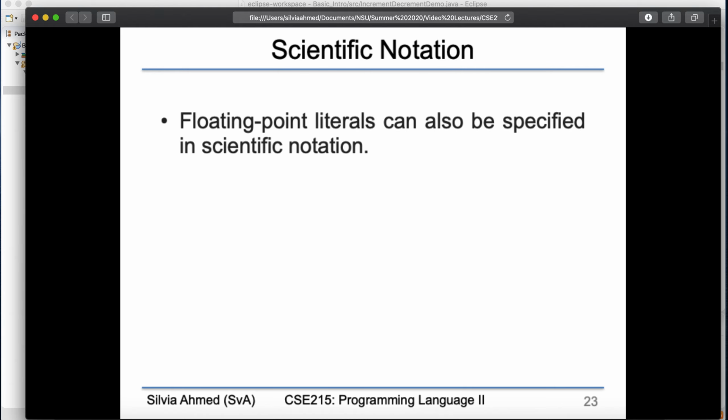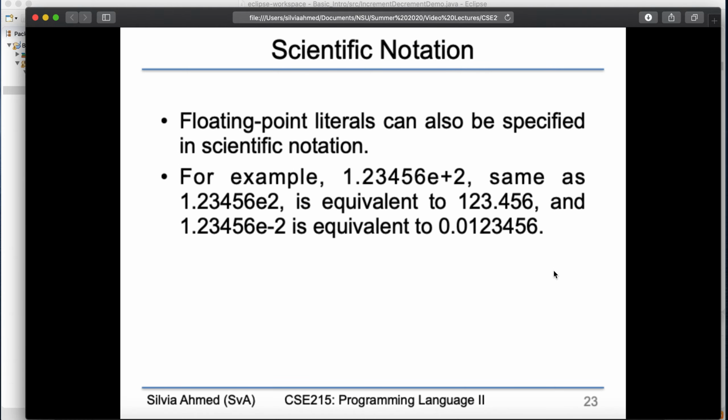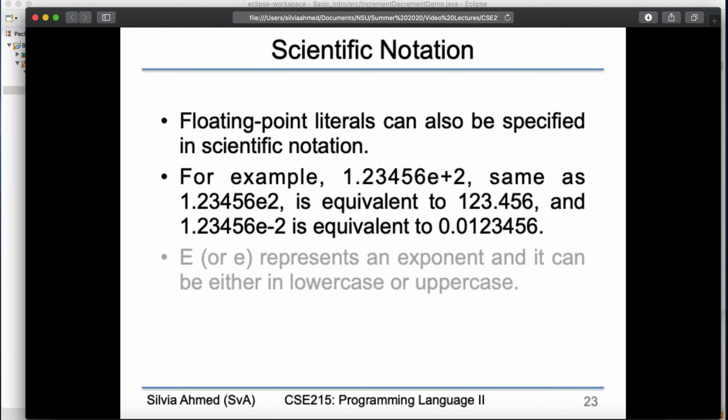For scientific notation, we can use E. If you write 1.23456 E plus 2 or E2, it means 1.23456 times 10 to the power 2. This capital E or small e represents an exponent, and it can be either in lowercase or uppercase.